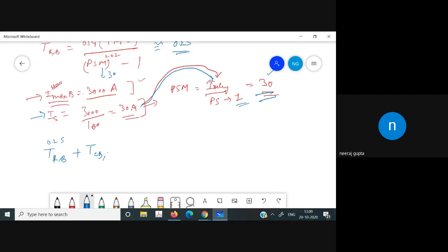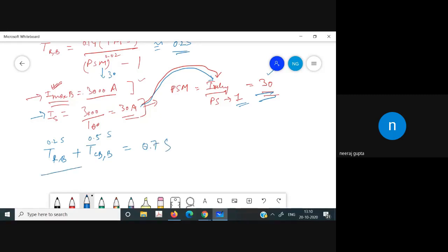Circuit breaker time at circuit breaker B, let us suppose, is 0.5 seconds. So finally, the relay time and the circuit breaker time of B is equal to 0.7 seconds.